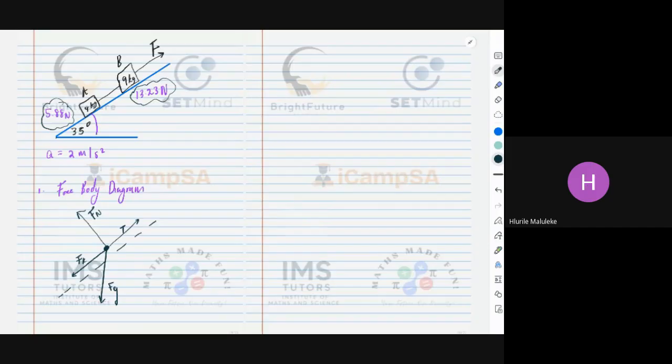Then I said to you, let's remember, we have components here, the components of weight. Components of weight are F G parallel and F G perpendicular.